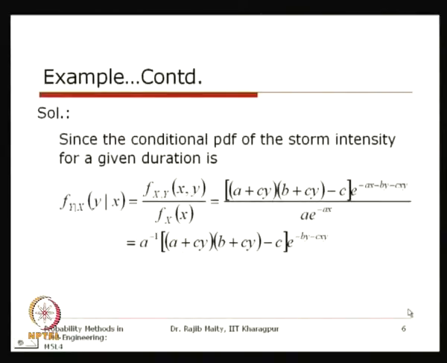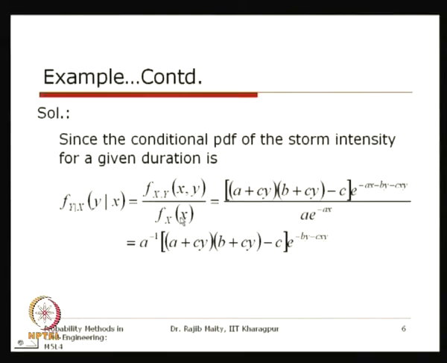To solve this, first of all we have to obtain the conditional distribution, and you know that to obtain it we have to know the joint distribution as well as the marginal distribution of the random variable on which it is conditioned. Here it is conditioned on x, the duration of the storm. So, we need to know the marginal density of x. In the earlier lecture, you can see that for this type of distribution, the marginal distribution of x is an exponential distribution with parameter a.